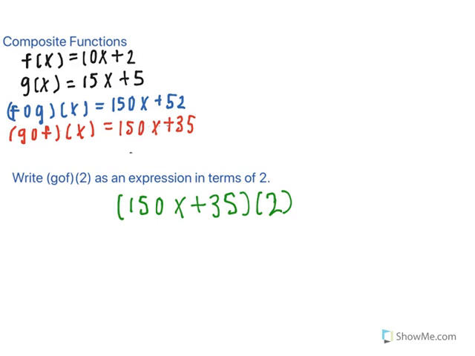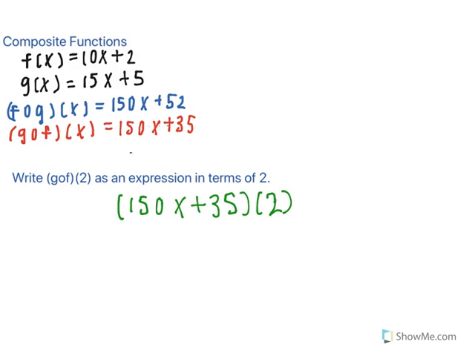The reason being is that we already know g of f is 150x plus 35, and we're multiplying by 2 here in place of x. So that is why we come up with this expression.